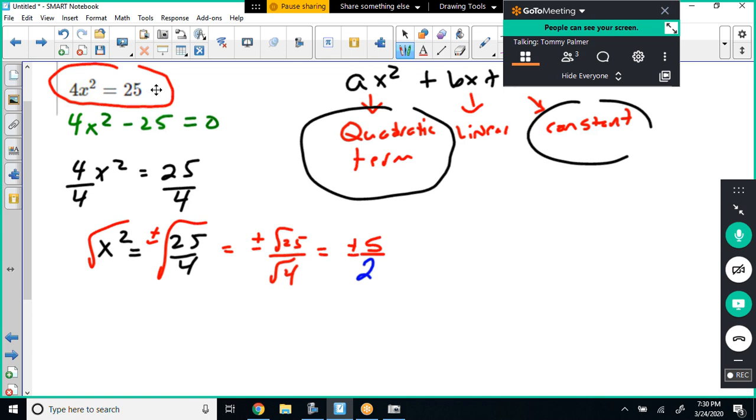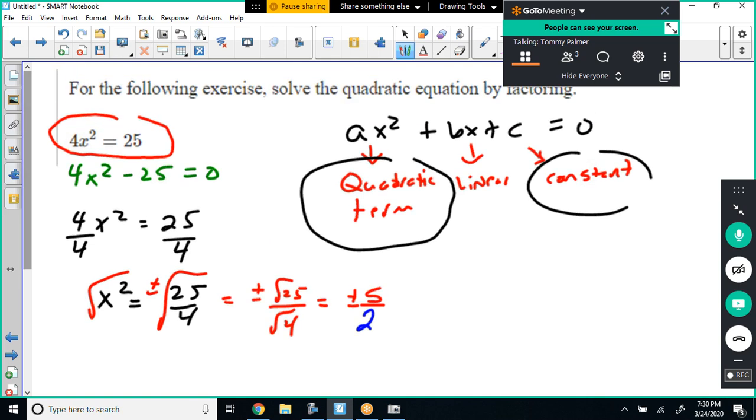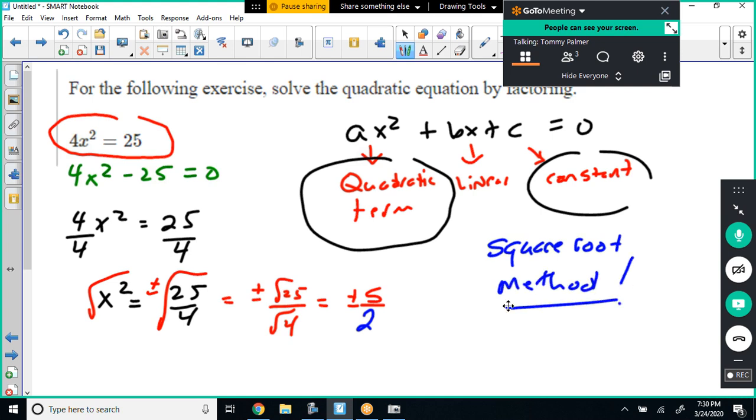But when you go to solve this, it says solve by factoring. So if you've got a quadratic term and a constant, it's called the square root method, because really all you're doing is solving a squared equation. Okay. So that's a hint on that one. All right. Let me show you a little bit.